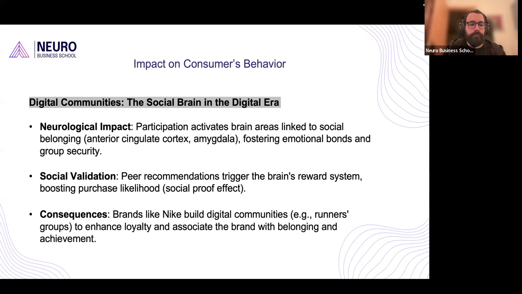Okay. Consequences of this: brands like, for example, Nike build digital communities. In this case, Nike prepared an app that is not selling any product. Well, obviously it sells, but indirectly.